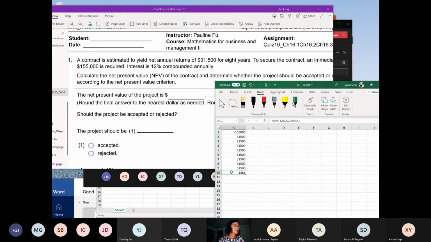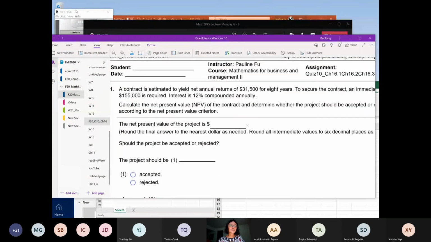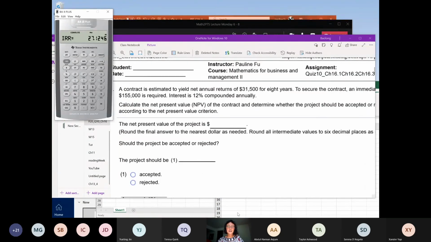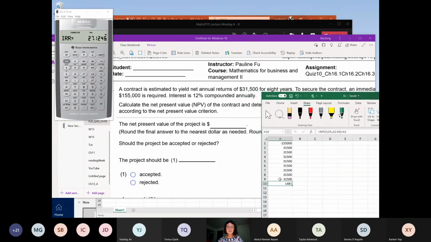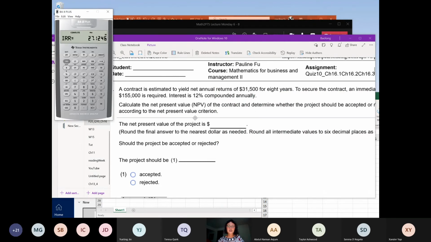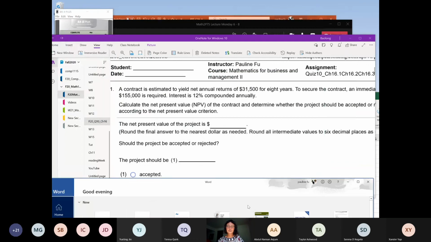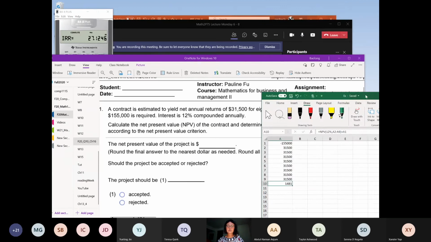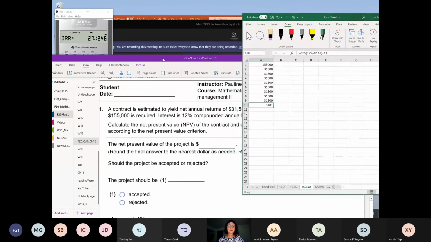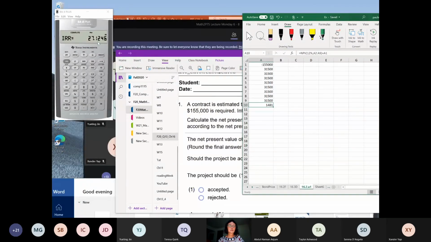Oh, this is the Excel method. And then how do I use my calculator? Where is my calculator? Here. So to use calculator, you have to refer to Excel, this data format here. Okay. So quick cash flow CF.